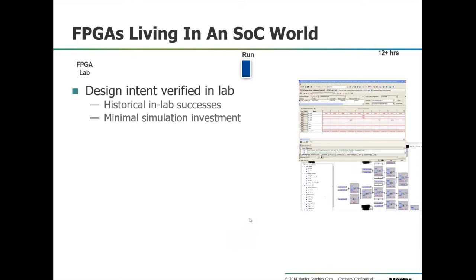One of the things we see is that people say, well, with FPGAs, you can just get them in the lab really quick because they run really fast, and we can do a bunch of debug there. But there's a couple of inherent problems with that. First of all, yes, you can run it really quick, but it takes a whole lot of time to synthesize and place and route and do a bunch of other things.